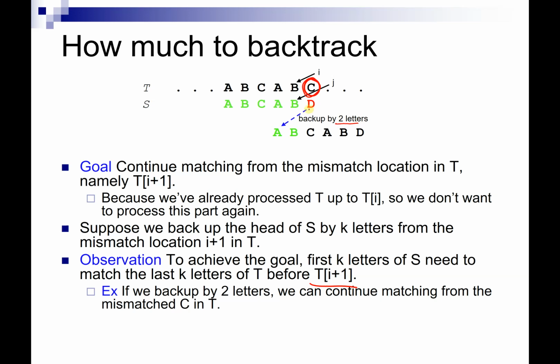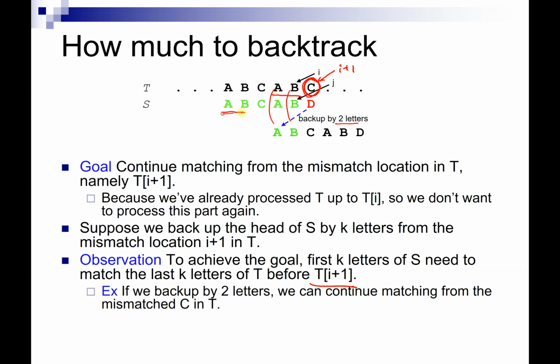Then you see that if the first 2 letters of S match the last 2 letters of T before location I plus 1, and this here is location I plus 1, then in that case, we can put S at this location. We can match up S and T like this.